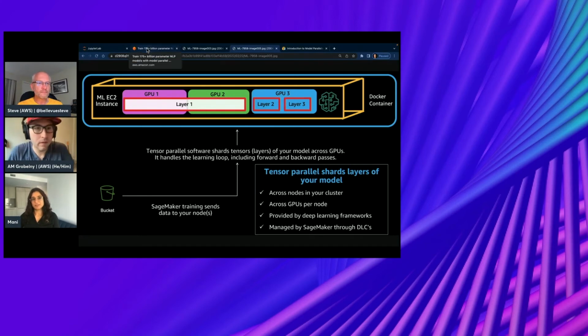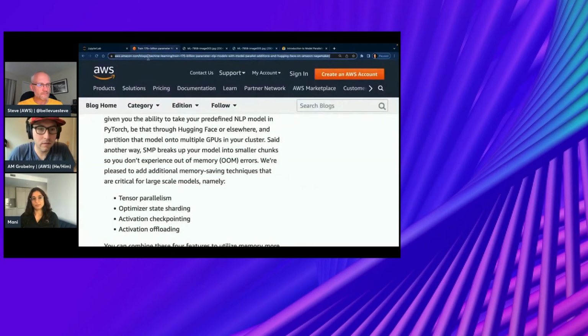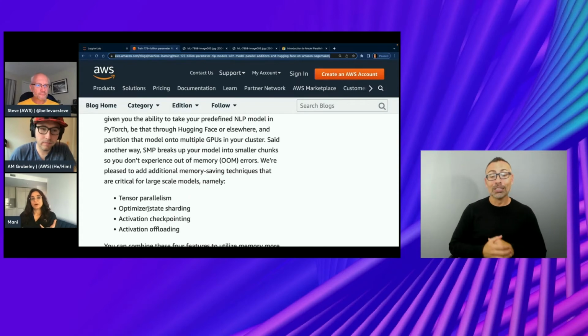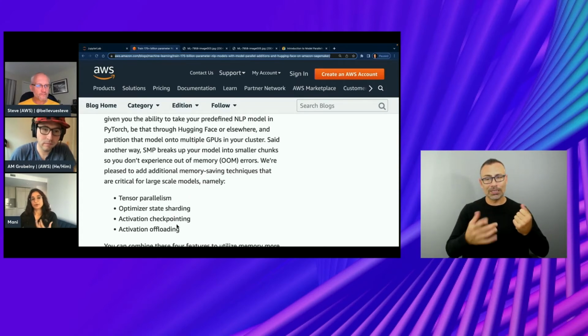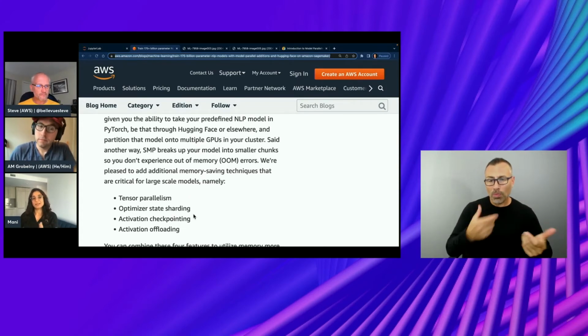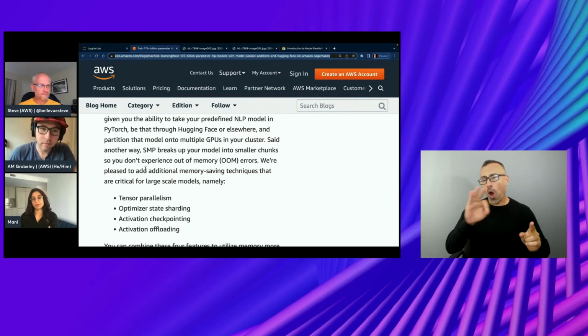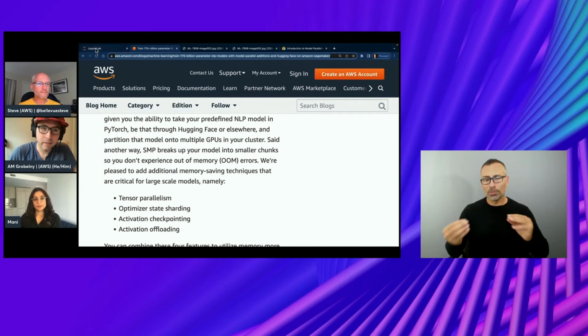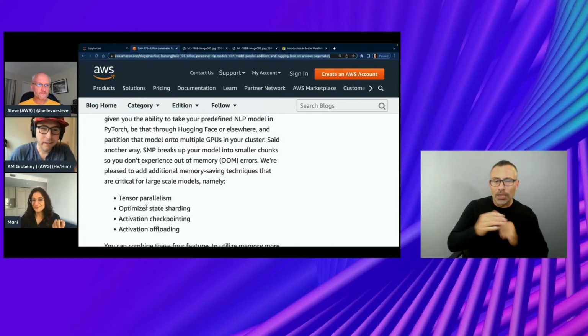Just to name them, we have a really good blog post on it, and the link will be provided in the video later. These techniques are optimizer state sharding, activation checkpointing, and activation offloading. Let's take a sneak peek over here, and then I'll talk about what optimizer state sharding, activation checkpointing, and activation offloading are.